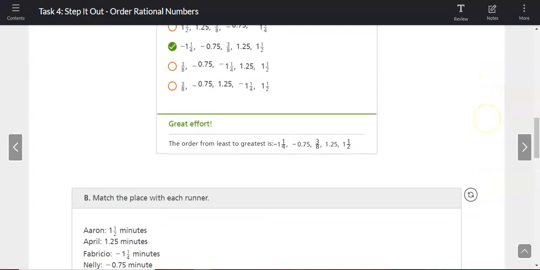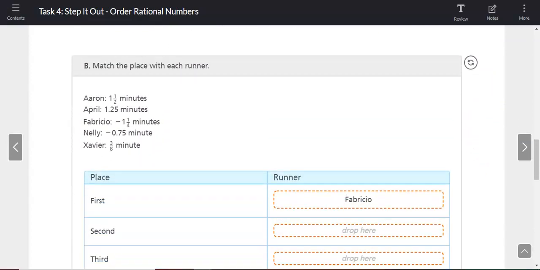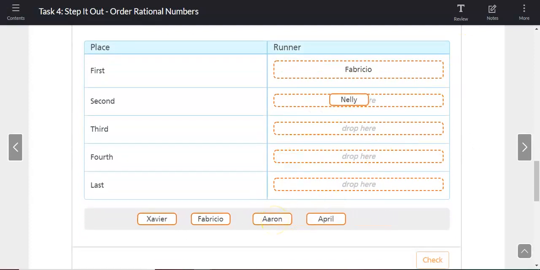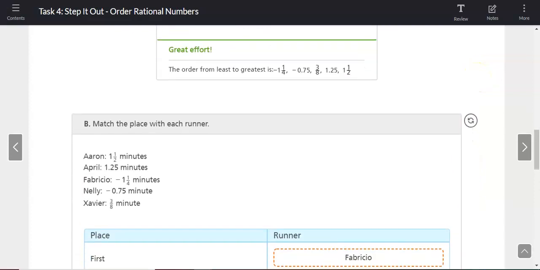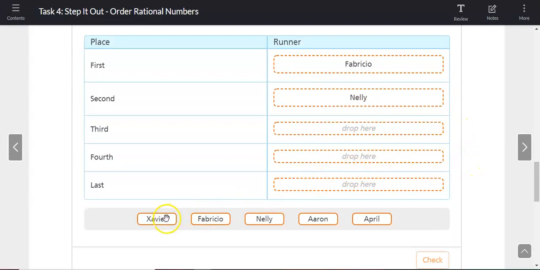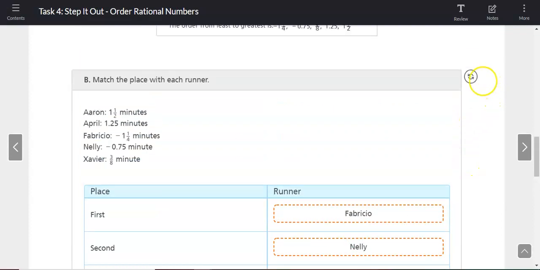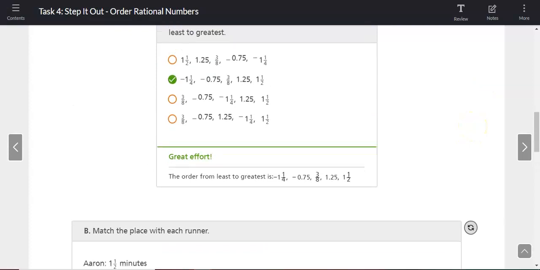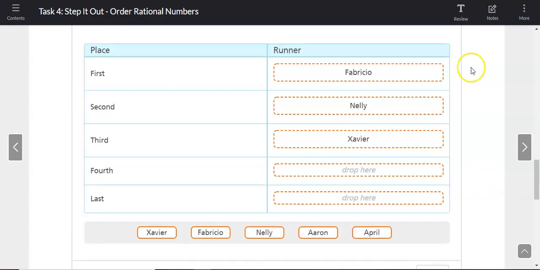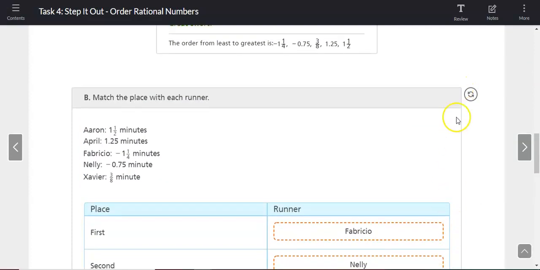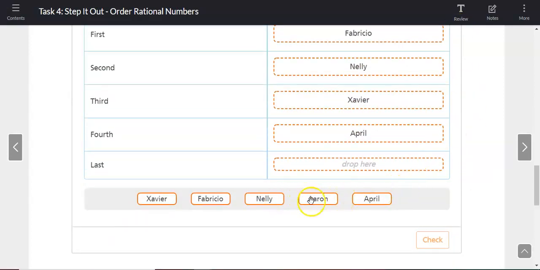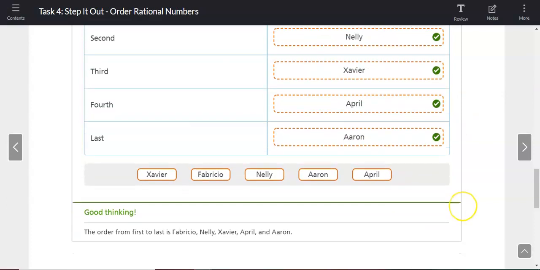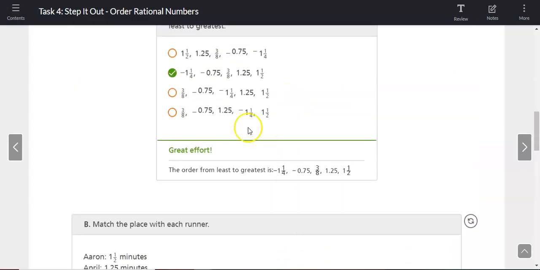Next, we look up there, is -0.75, and that was Nellie. Third place is 3/8, which is Xavier. Fourth place is 1.25, which is April. And then we're wrapping it up with 1.5, and that is Aaron. Just like that. I just followed the list right there.